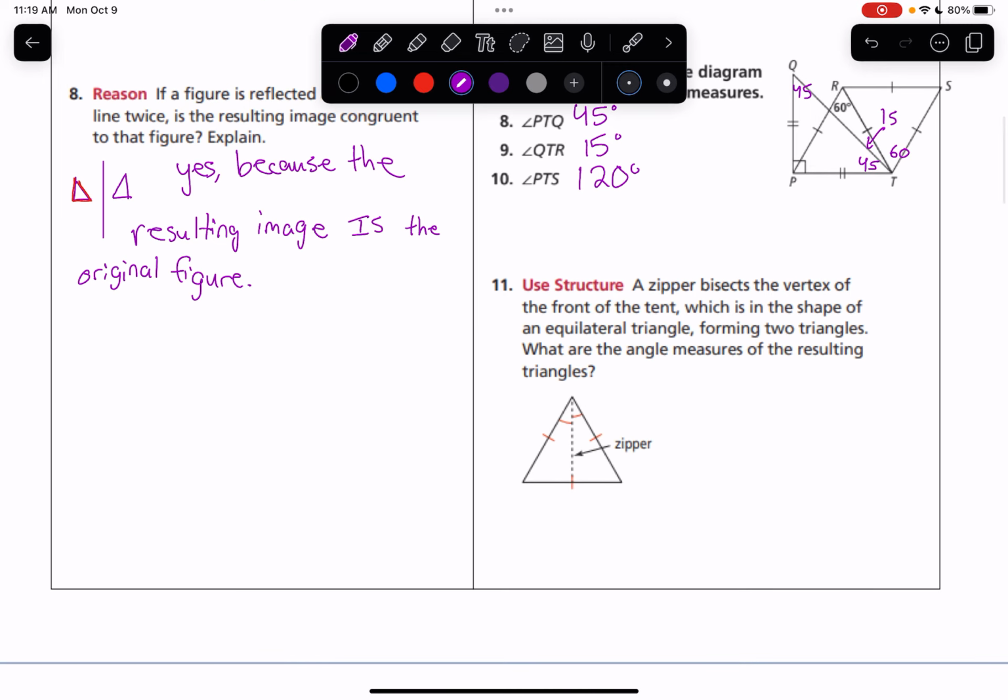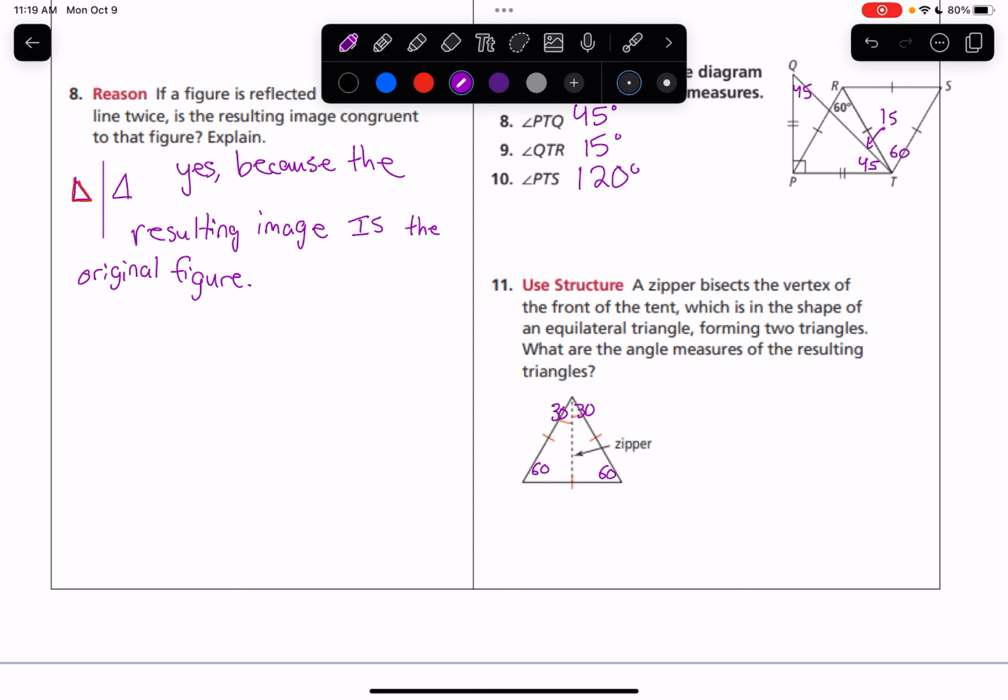Number 11, a zipper bisects the vertex of the front of the tent, which is in the shape of an equilateral triangle, forming two triangles. What are the angle measures of the resulting triangles? So if this is an equilateral triangle, it originally had angles of 60, 60, and 60, but since we've bisected that 60 up top, we get 30 and 30.